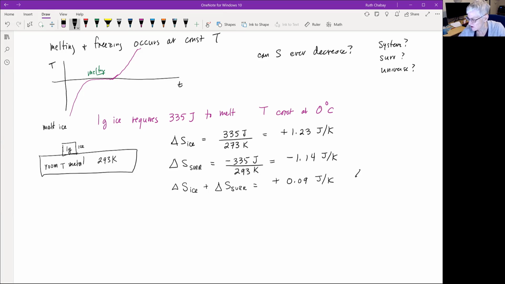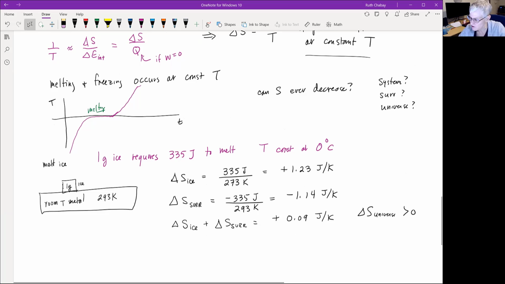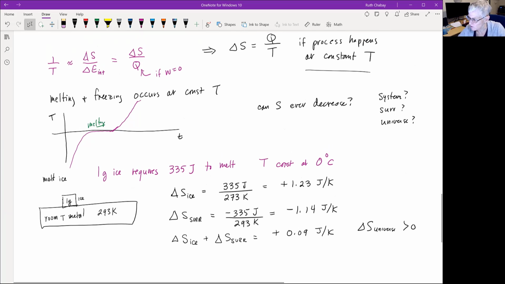So entropy of the universe increases, and let me remind you that we're using this relationship where 1 over T is delta S over Q, so change in entropy was Q over T if T was constant.